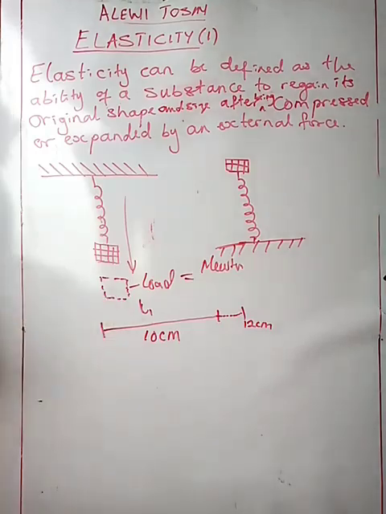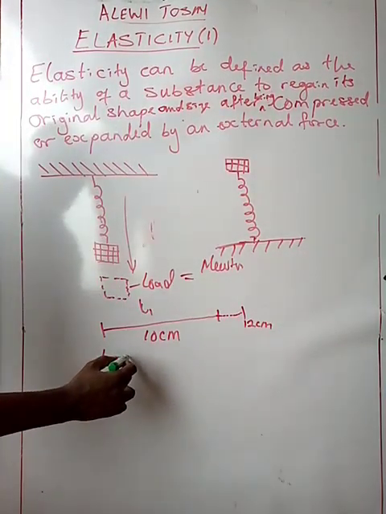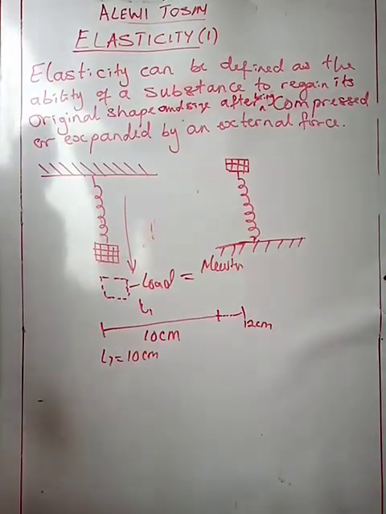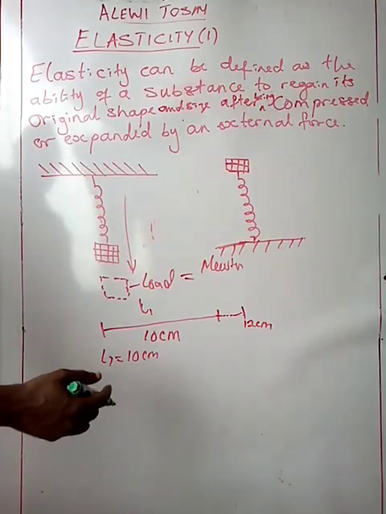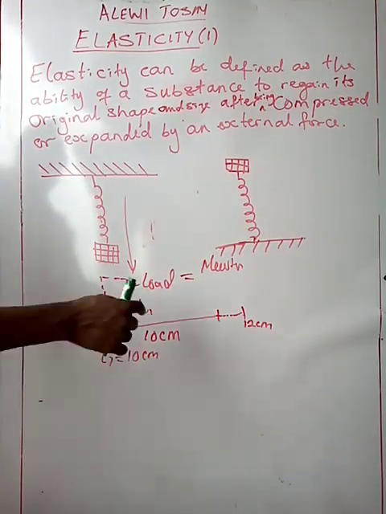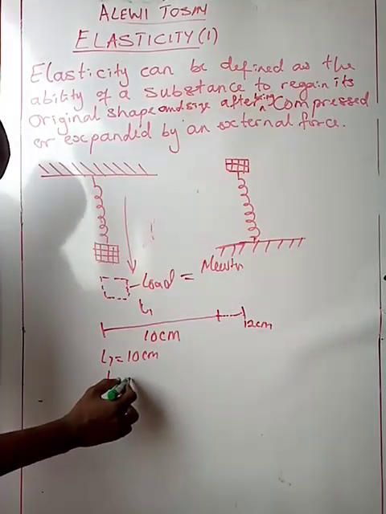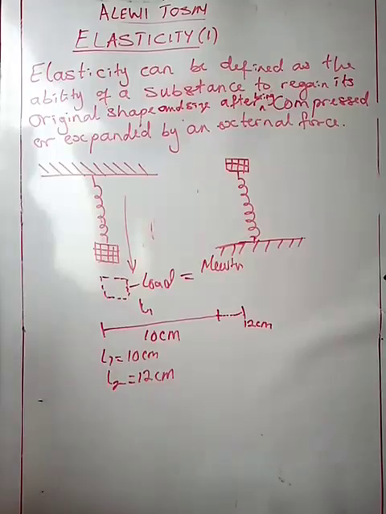Now with this it means that our original length L1 is 10 centimeter, and our new length, after the external force has been exerted on it, is 12 centimeter. Now, we'll be talking about extension.